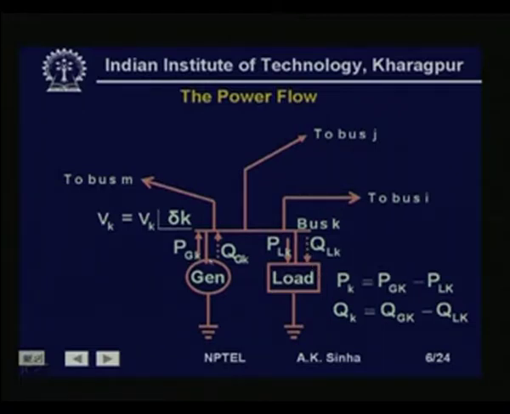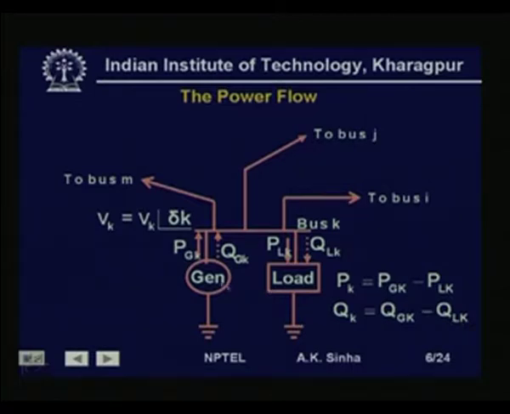What we can do is take the algebraic sum of these two, that is, subtract the real load PLk from the generation Pgk, and then we can say that there is a real power injection into the bus equal to Pgk minus PLk. Similarly, we have a reactive power injection Qk equal to Qgk minus QLk.